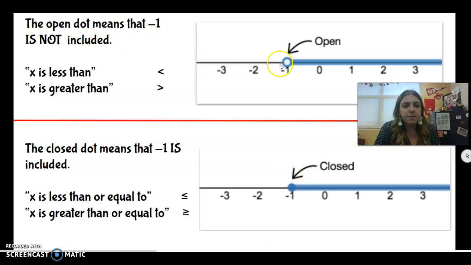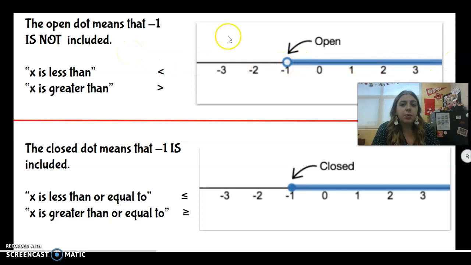So the open dot means that negative 1 is not included in the solution. Okay, so it means all the values greater than negative 1, because that's what direction it's going, are solutions to the inequality, but negative 1 doesn't work.